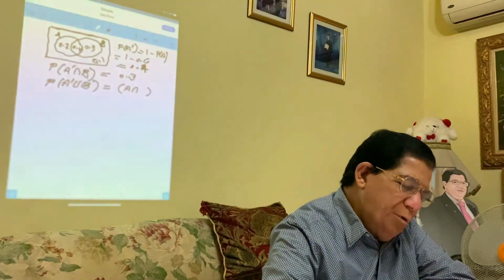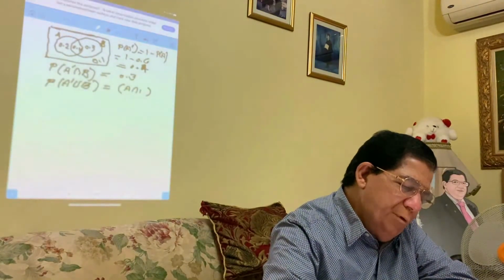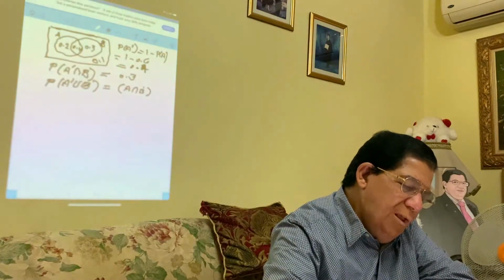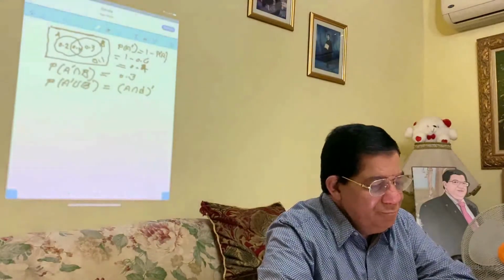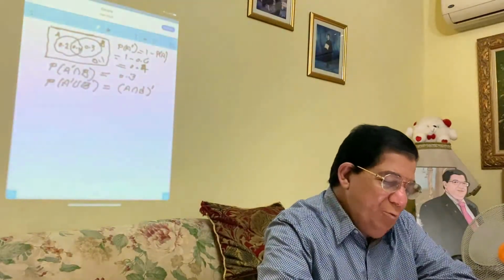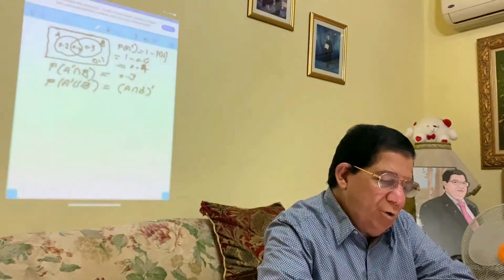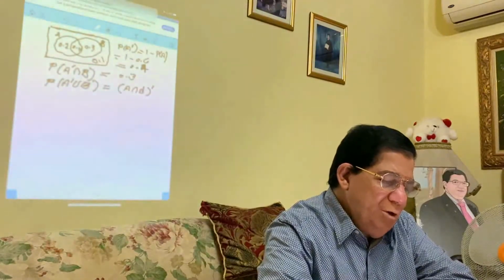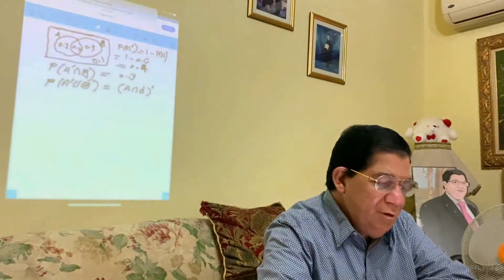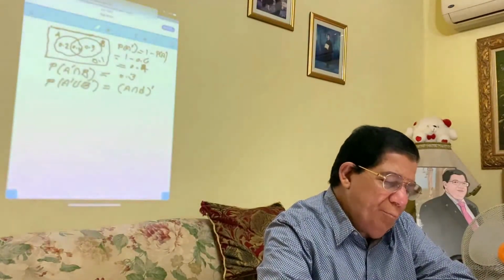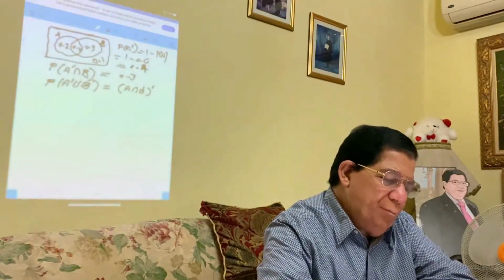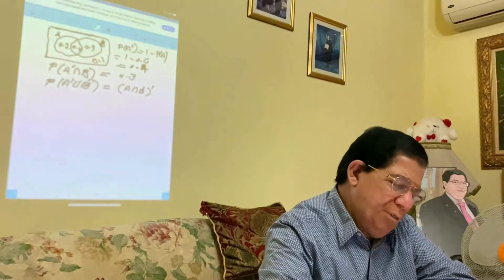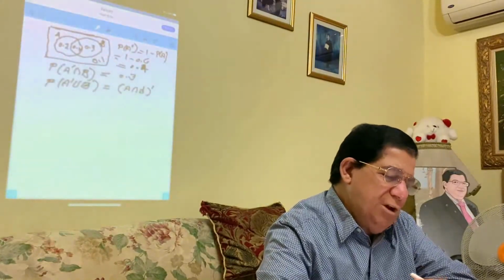What is the complement of B? B complement. And then you put a complement outside. Because when we have a complement outside, it means we complement each one. Therefore it becomes A complement intersection, complement of B complement is B, which is the same as this one. But this is easier.